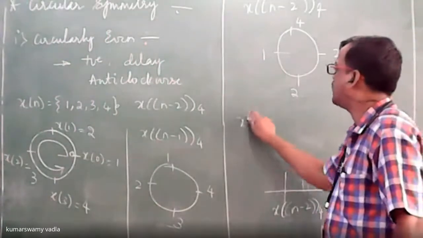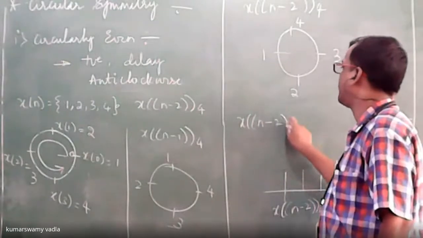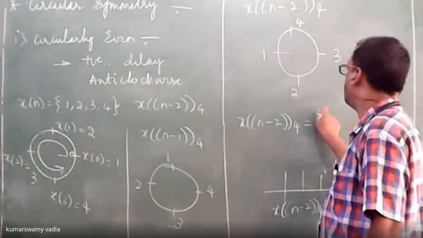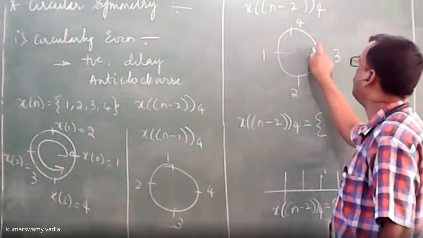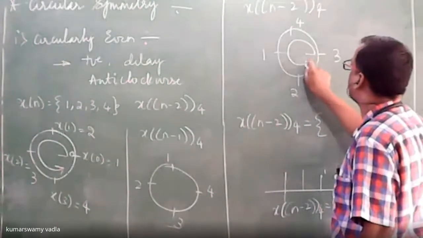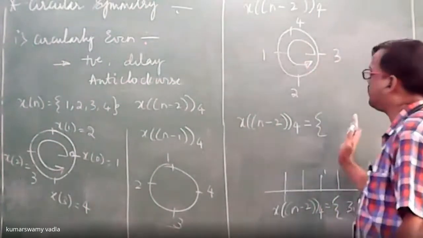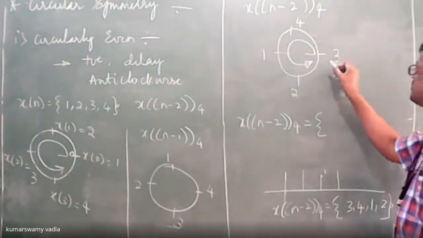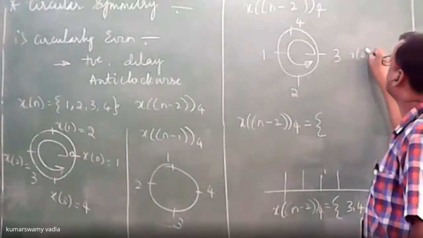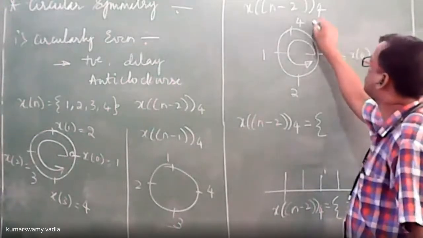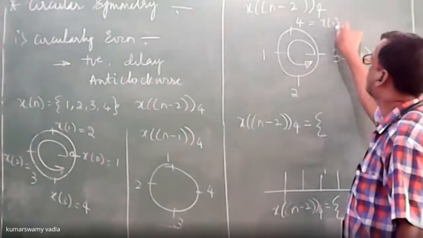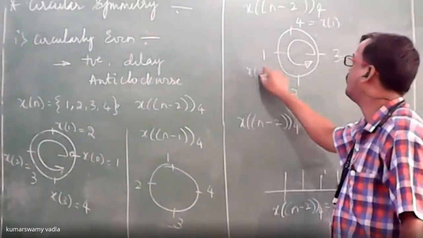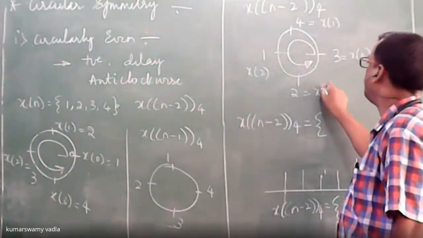Finally, while writing down the answer, again you should start here only and move anti-clockwise and write down this value. So this becomes your x of 0, this becomes your x of 1, this becomes your x of 2, this becomes your x of 3.